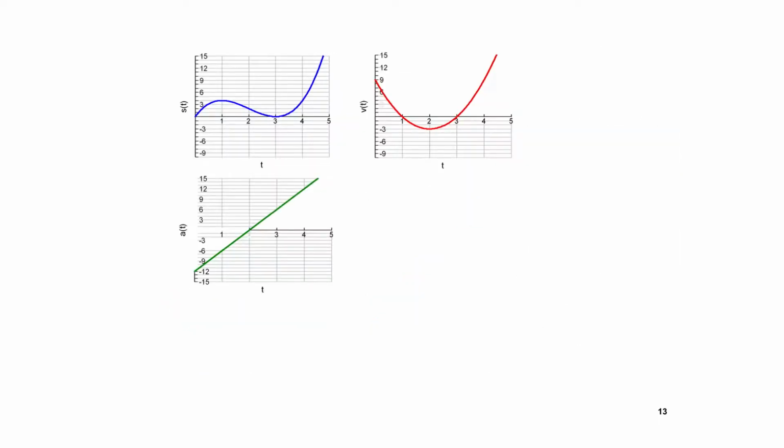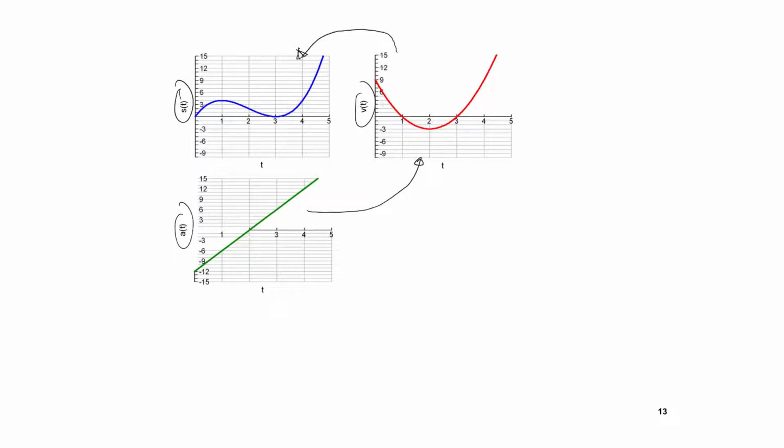So let's have a look at the graphs of displacement, velocity, and acceleration. If you recall, the velocity is the derivative of the displacement, and the acceleration is the derivative of the velocity. I want you to notice that there is a connection directly between all three of them.